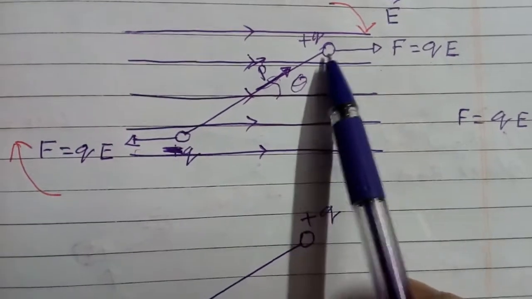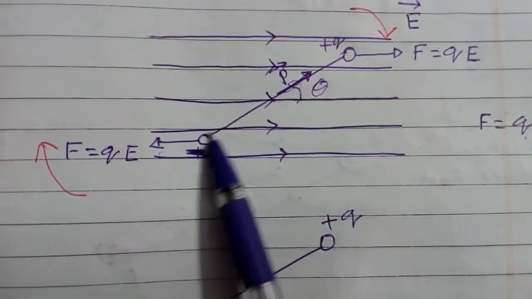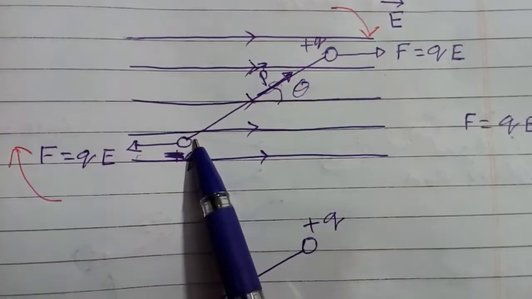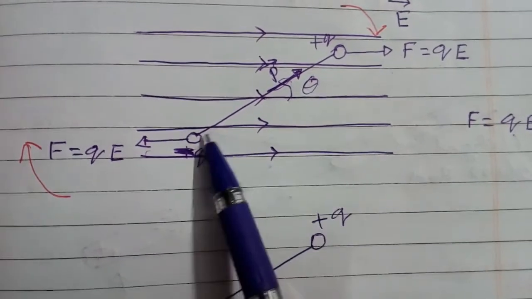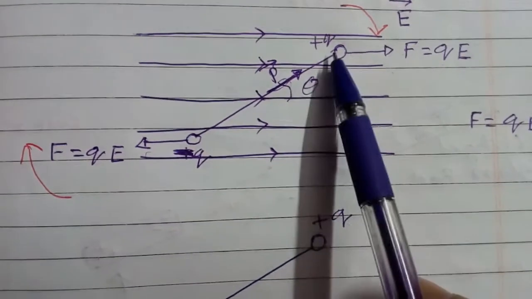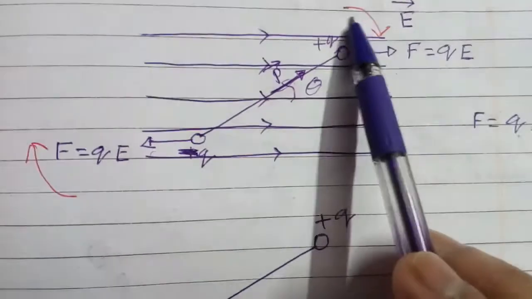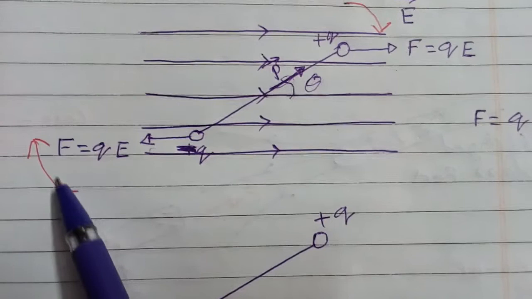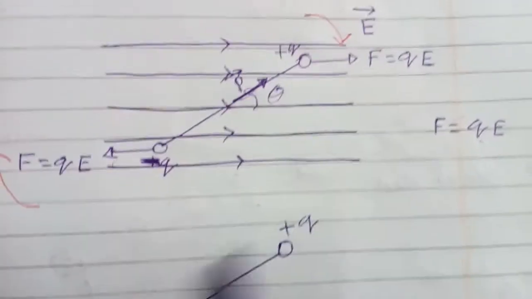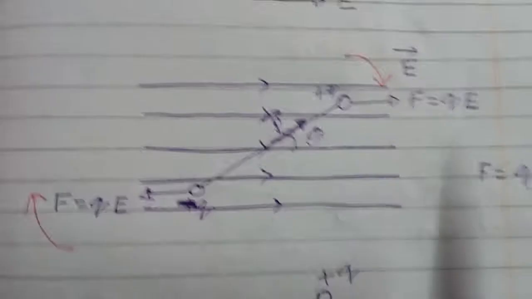These two forces are equal and opposite, so their resultant is 0. But since their lines of action are not the same, these two forces form a couple, which tends to rotate it in the anti-clockwise direction.